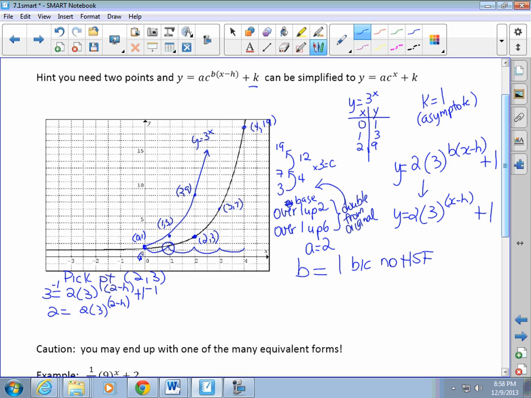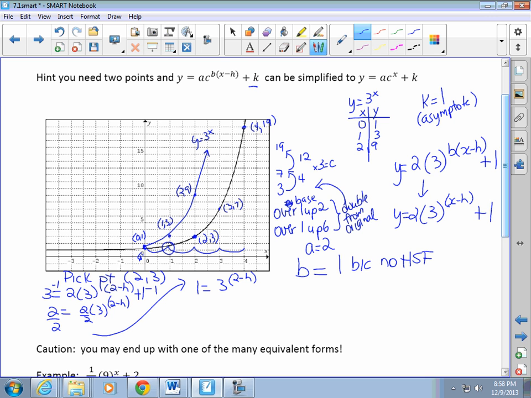Okay, and then I divide by 2. I didn't leave a whole lot of room here, so I'm going to go sideways. I'm left with 1 is equal to 3 to the power of 2 minus h.